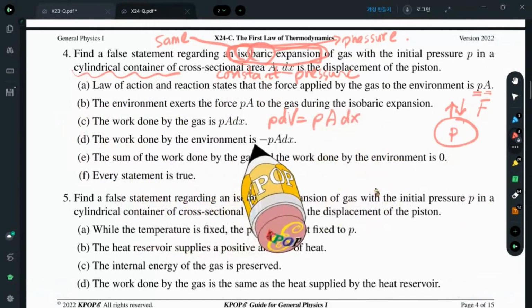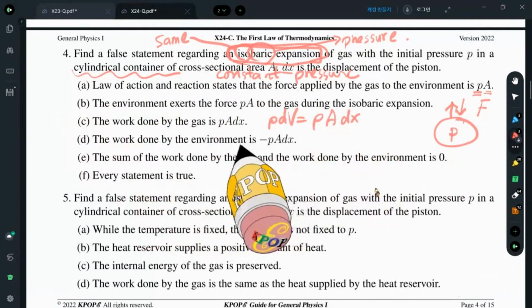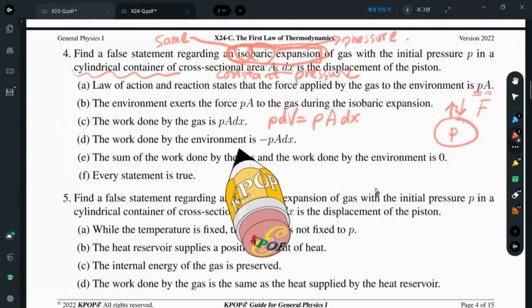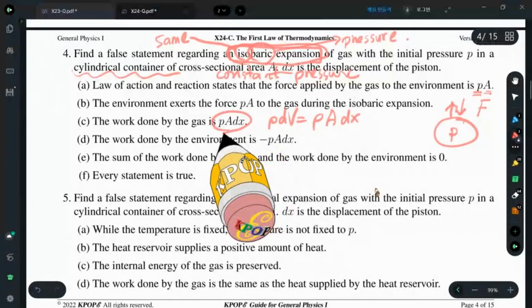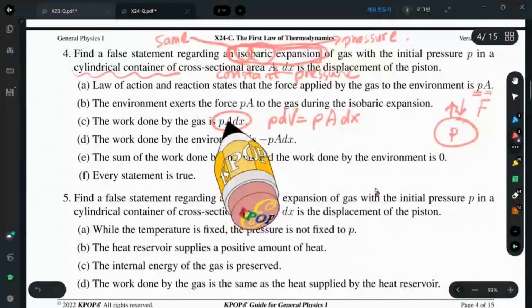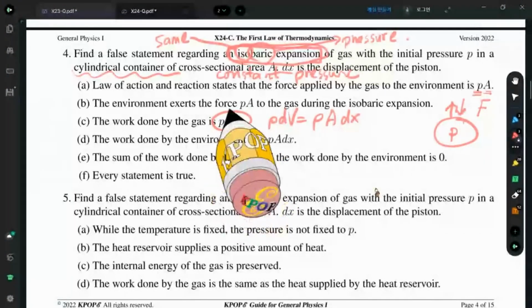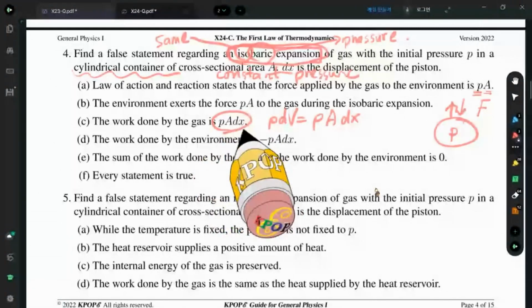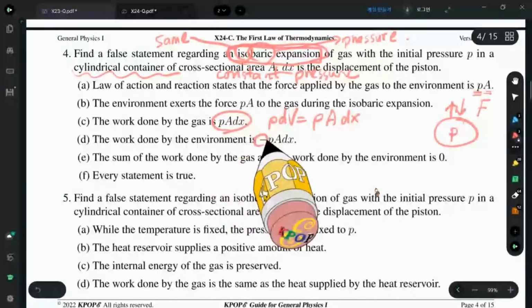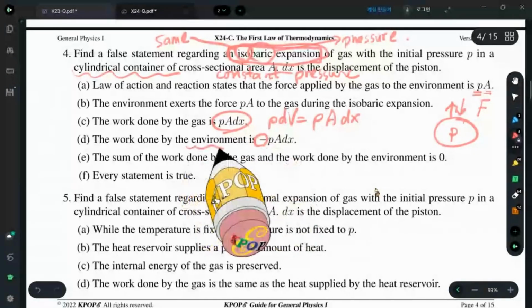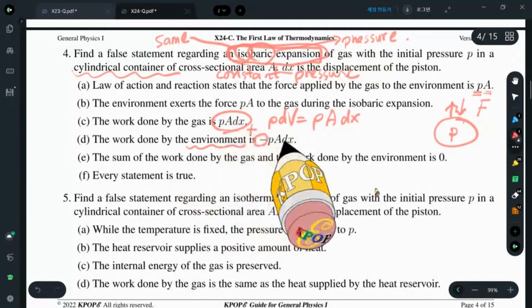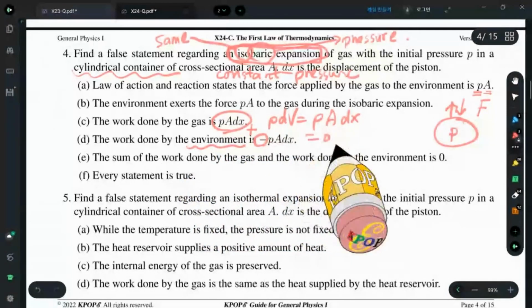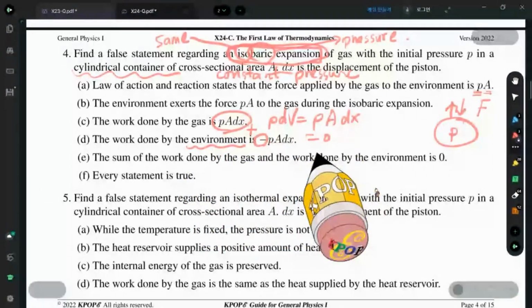Work done by the environment, because it is an energy conservation. If the gas does work by this amount, the same amount of work is done in the negative sense by the environment. If you add these two, there is nothing. It means energy is conserved.